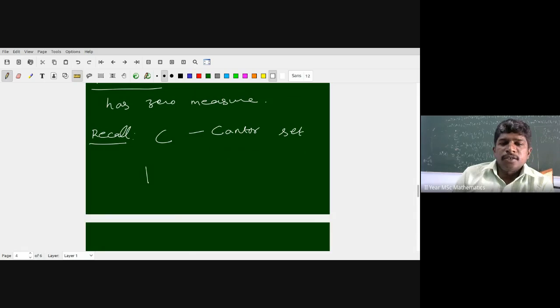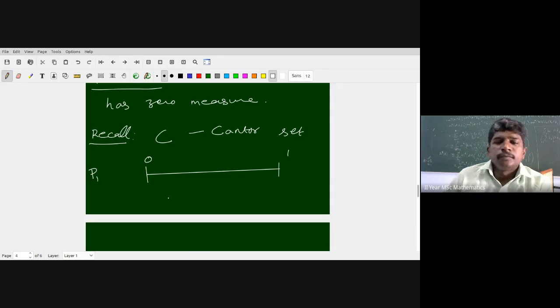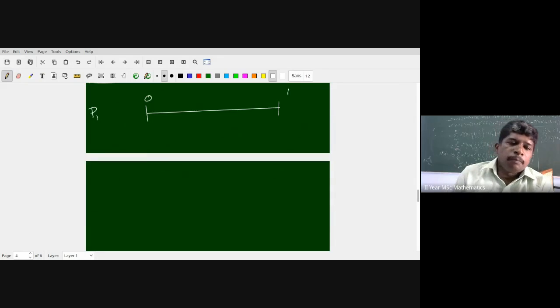First you consider the closed interval [0, 1], right? That is my P0, without any deletion. The second one is the set [0, 1] from which the middle 1/3 part is removed.